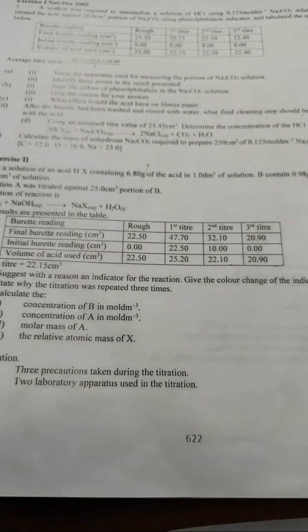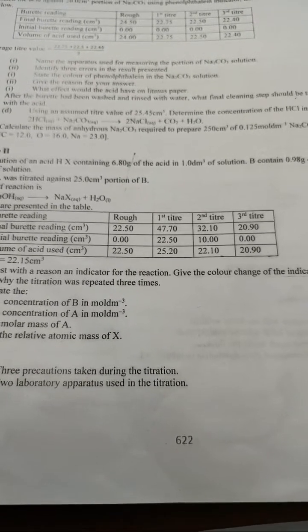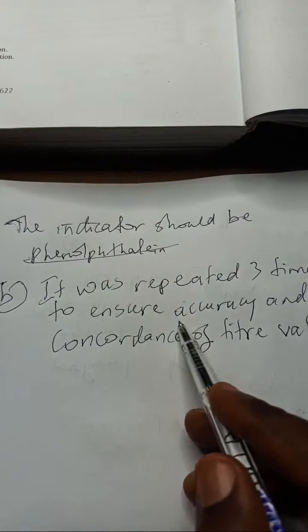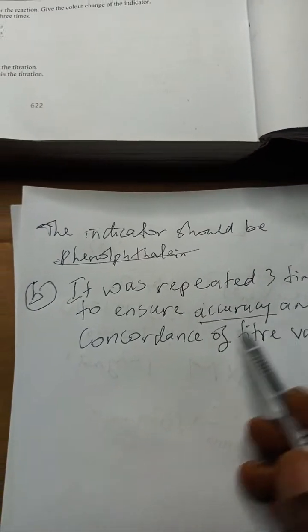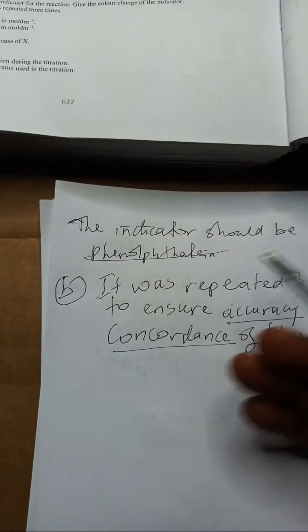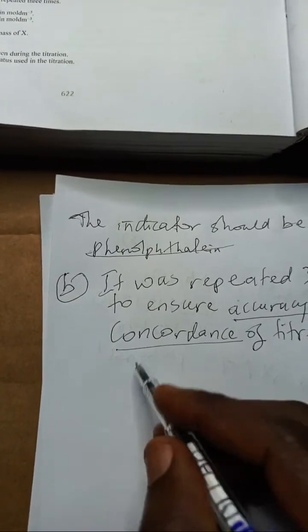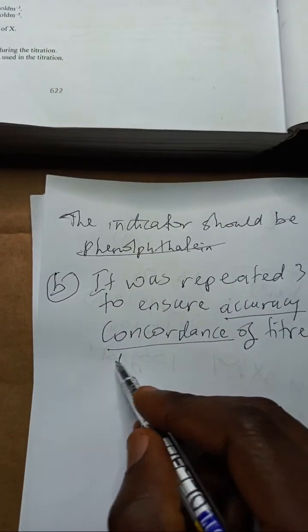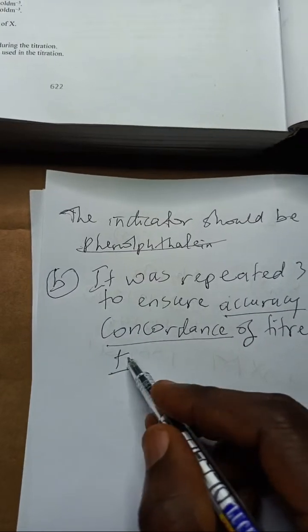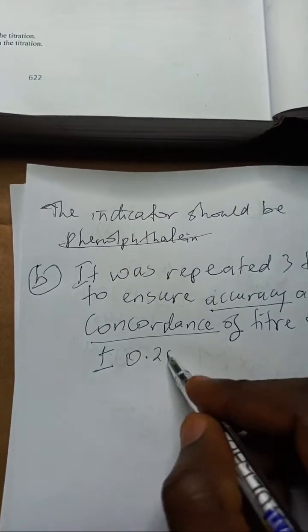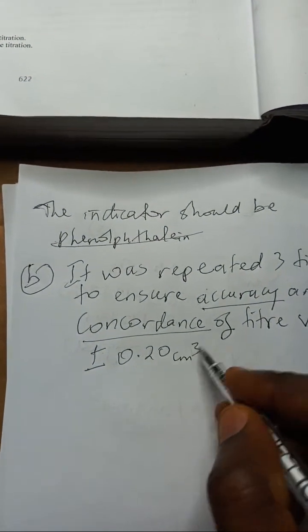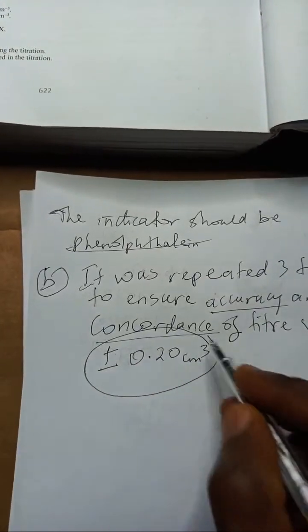When something is done repeatedly, it confirms that you have accuracy. Concordant means they must not be different. The difference between the titer values must not be more than plus or minus 0.20 centimeter cube.